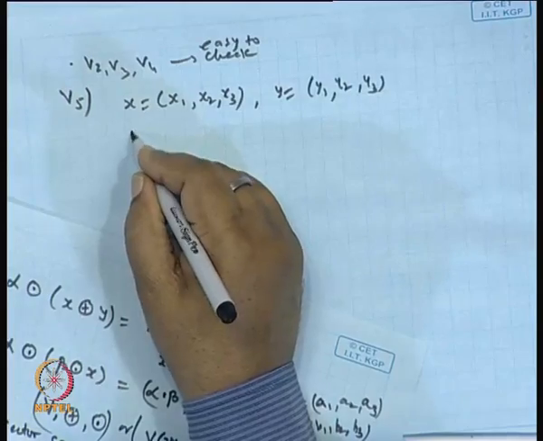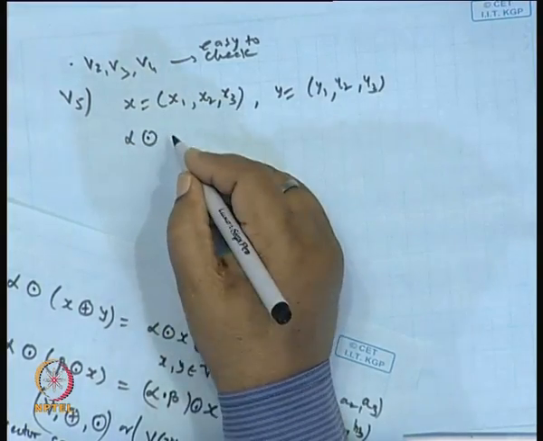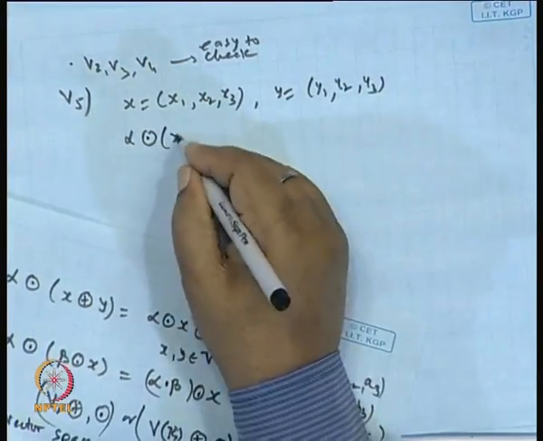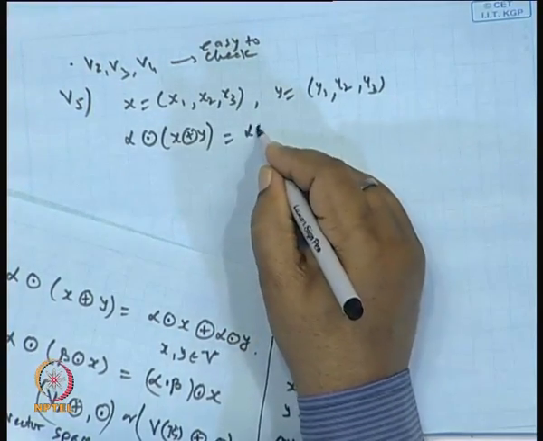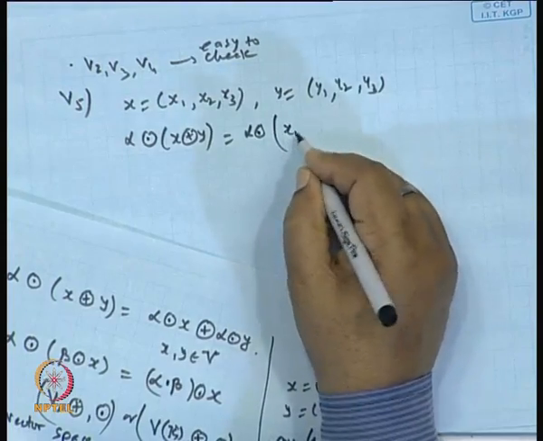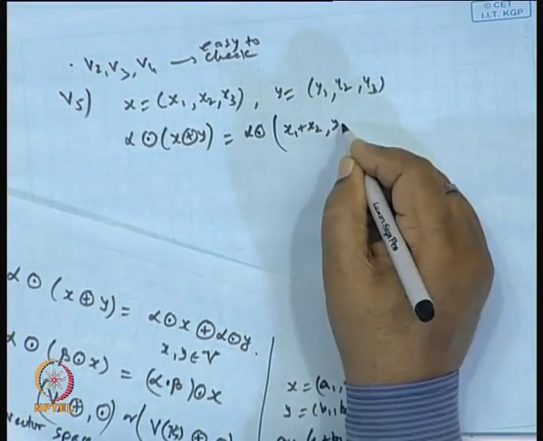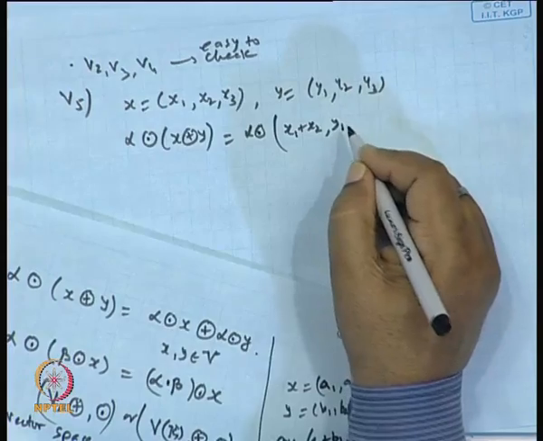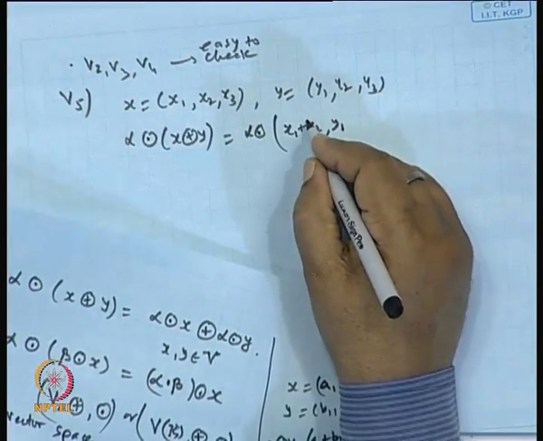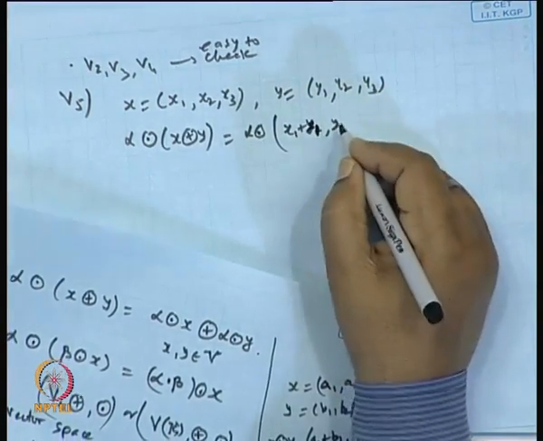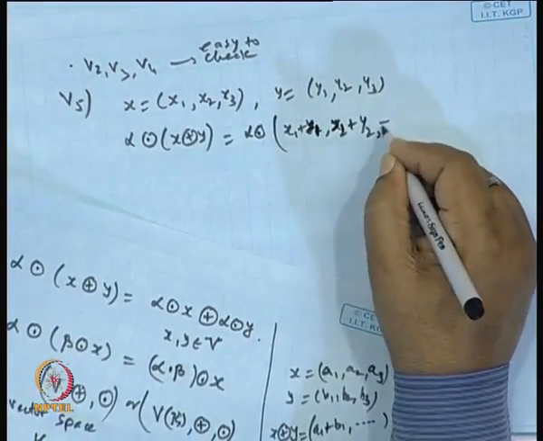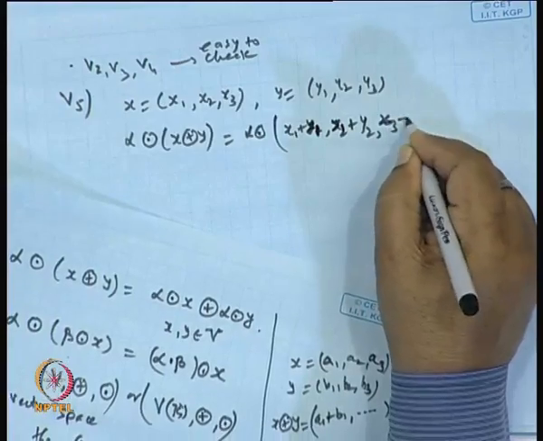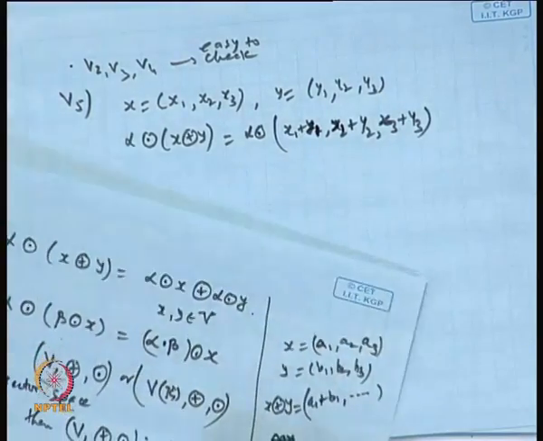Then we take alpha dot x plus y, that is the same as alpha dot, what is x plus y? x 1 plus y 1, x 2 plus y 2, x 3 plus y 3, okay.